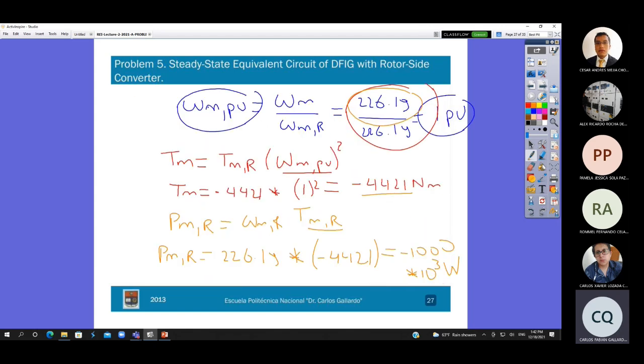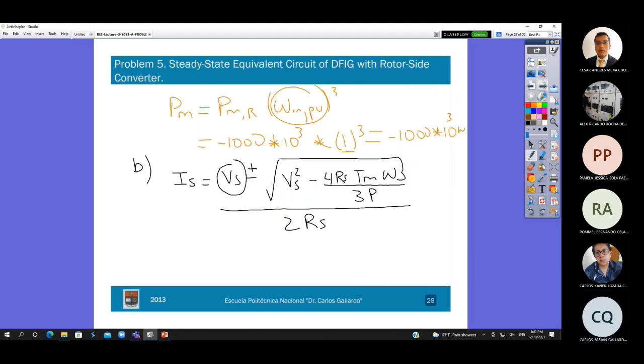So I will get, first of all, the stator voltage, in this case the line to neutral voltage, is equal to 575. This is the line to neutral, therefore I need to divide it by the square root of 3. The electromagnetic torque for this new speed is equal to the rated electromagnetic torque, it means 4421 Newton meter.